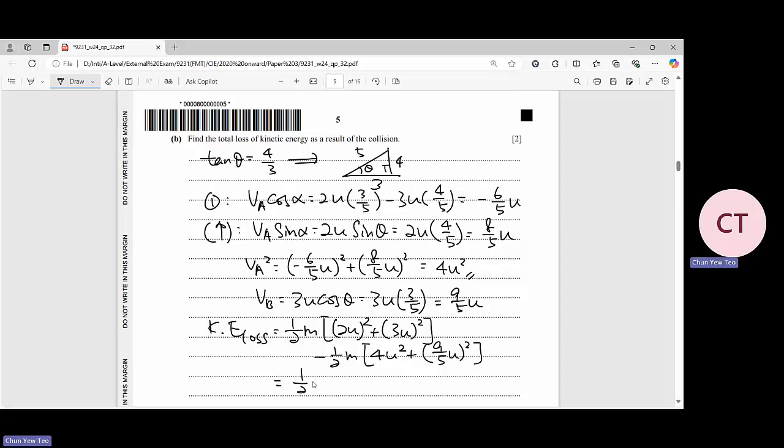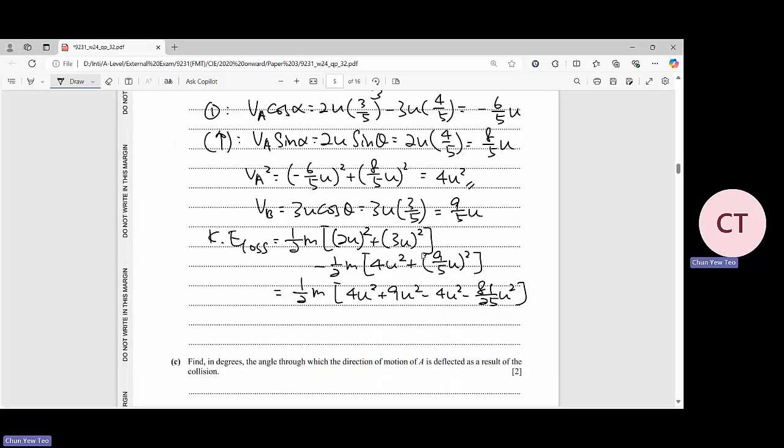If you take the half m out and join them together, you get 4u squared plus 9u squared minus 4u squared minus 81/25 u squared. Simplifying with the calculator, you get the answer as 72/25 mu squared. That will be the KE loss. Done, and now we move on.